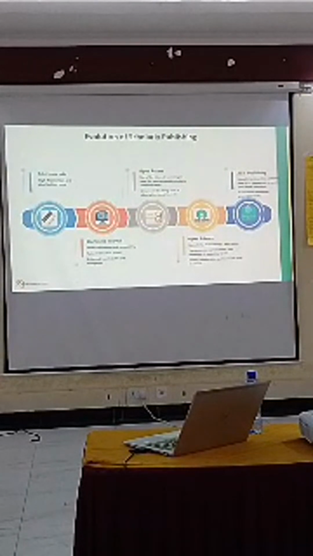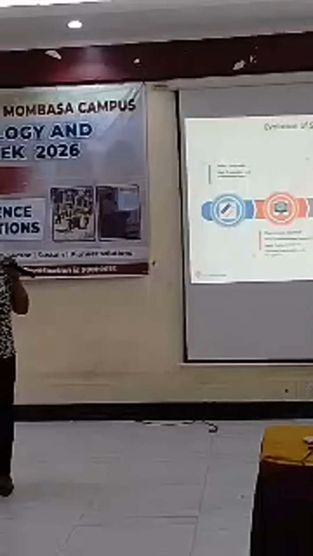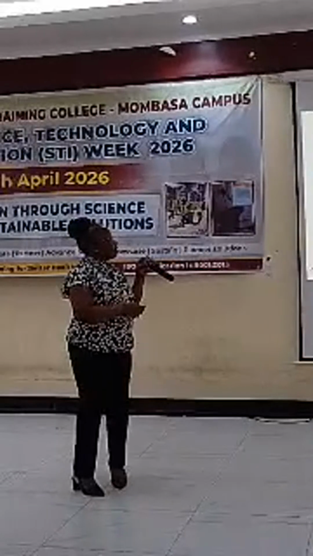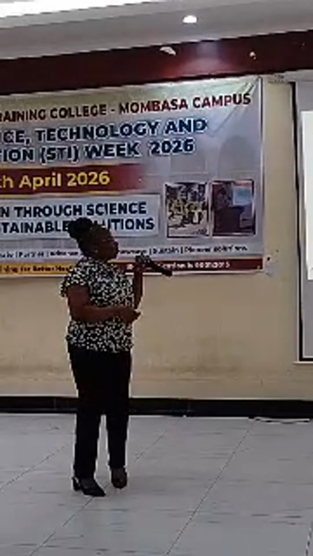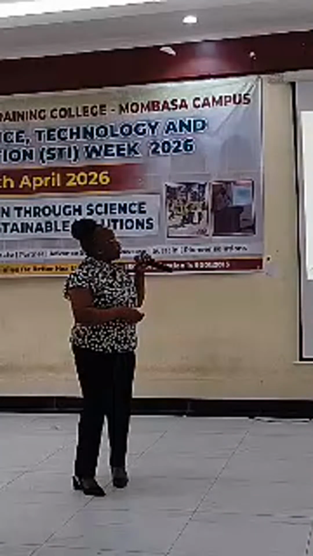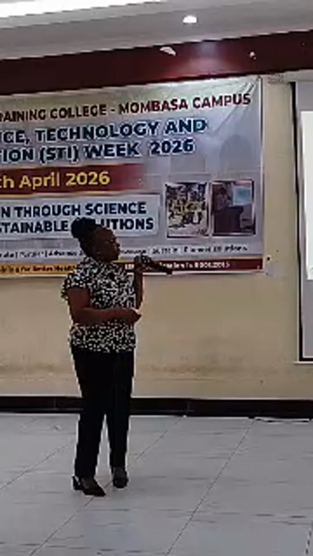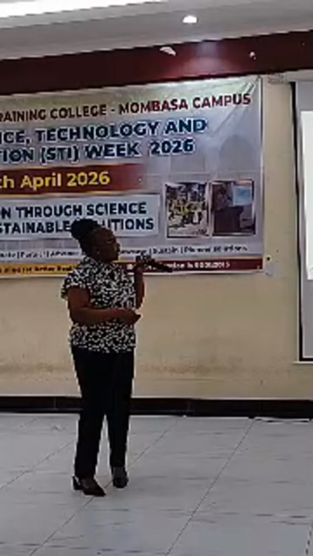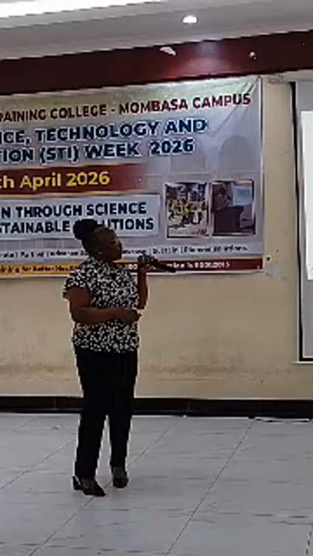AI is now a different ball game altogether. There is a positive aspect of AI where AI is now helping these journal managers to streamline their publishing processes, manuscript screening, peer review assistance, AI enhanced manuscript preparation tools, etc.